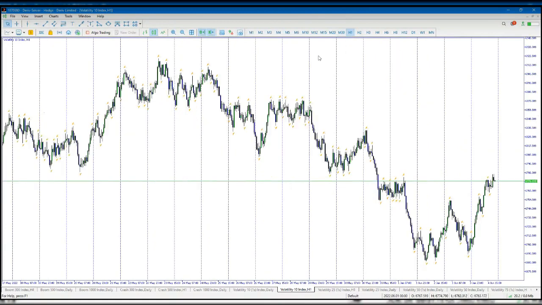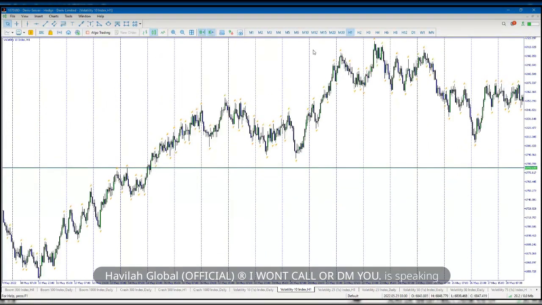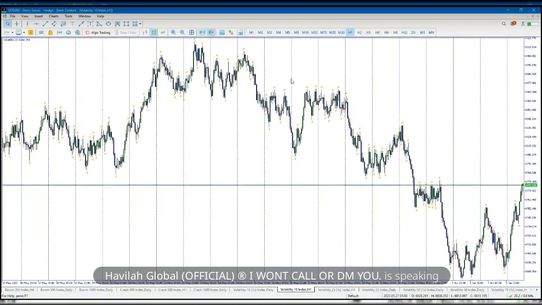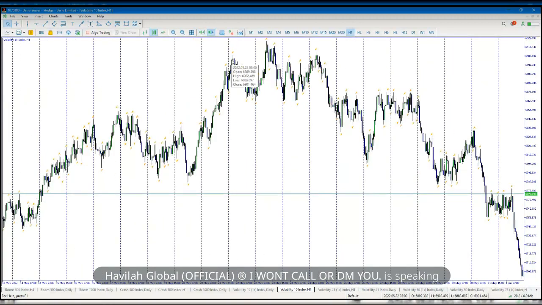So high, low, high, broke structure. Same thing: broke structure, came back to this place, broke structure, and then still took out this spot.